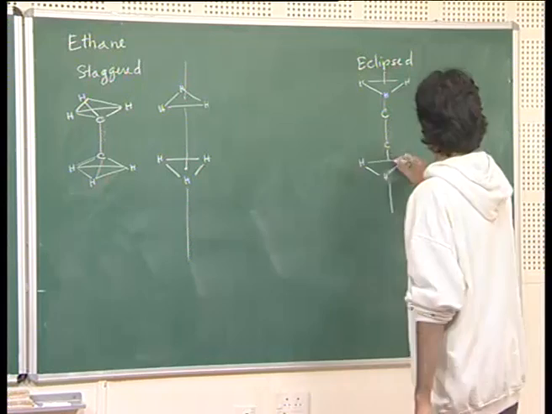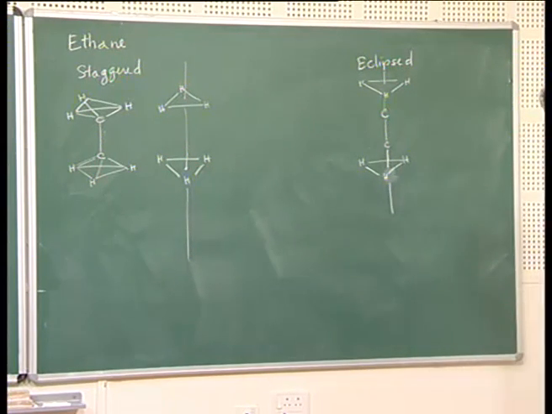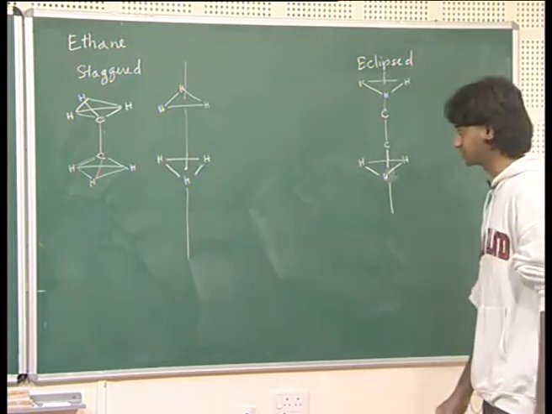So, both of them pointing the same way. Okay. So this is a way to visualize the staggered and eclipsed conformations.